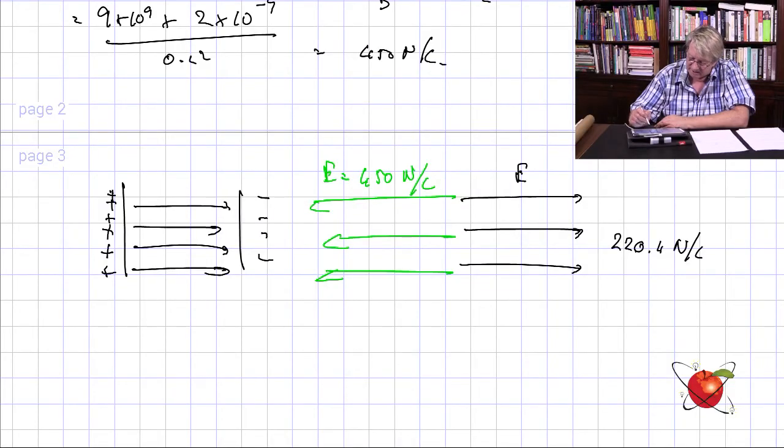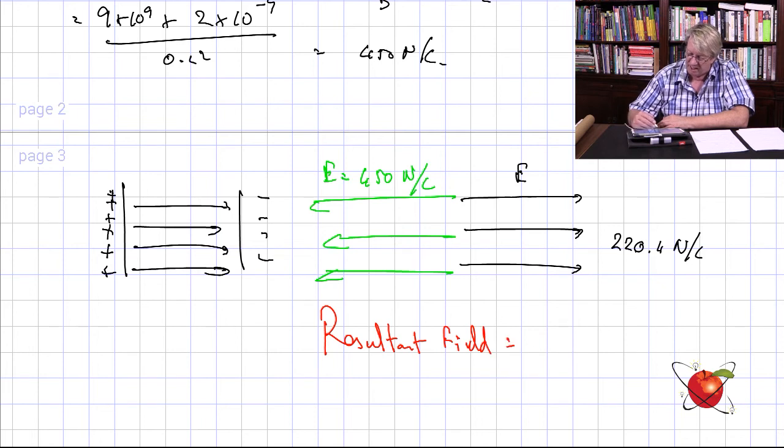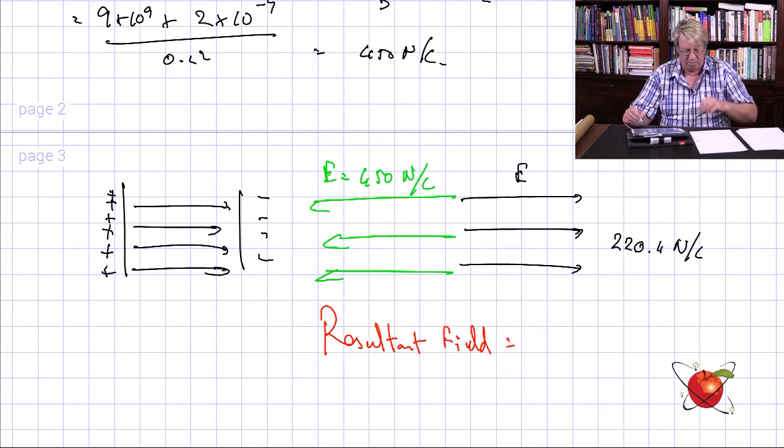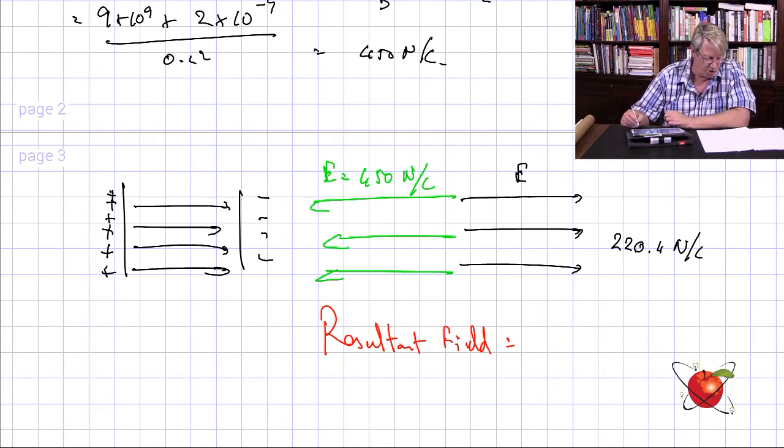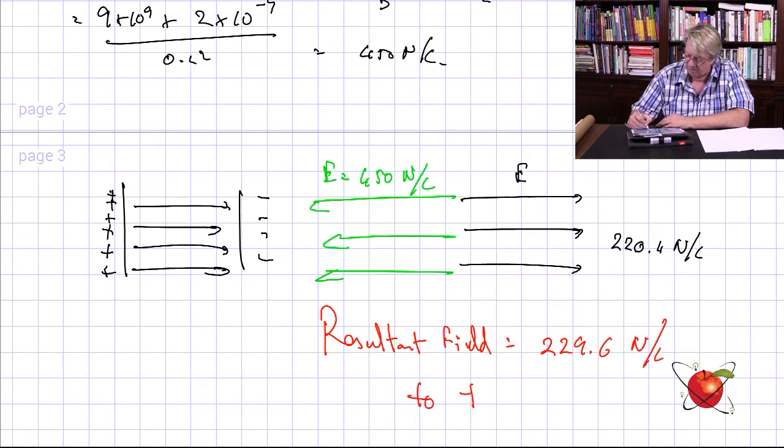Basically, you've got a field one way and a field the other, so part of it is going to be cancelled out. So the resultant electric field is going to be 450 minus 220, which is equal to 229.6 newtons per coulomb to the left.